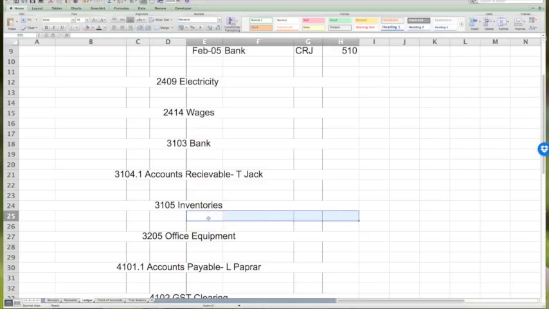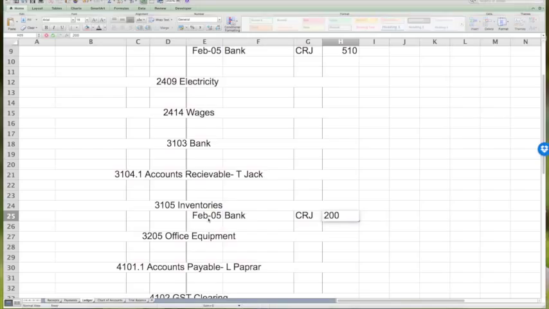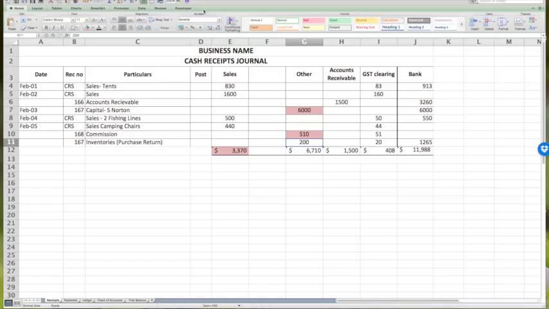Even though it's an asset, we'll post it to the credit side. It only happened once on the 5th. We're not posting a total, we'll post it for that specific date. Posting reference is still going to be CRJ. Particulars is going to be the bank. And $200. Colour in that square so that we know we've done it.